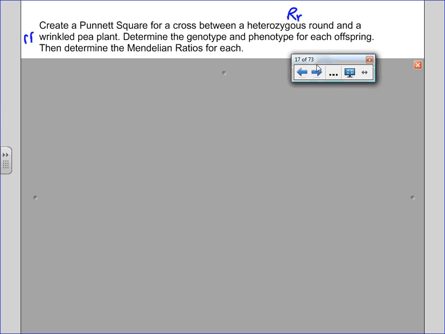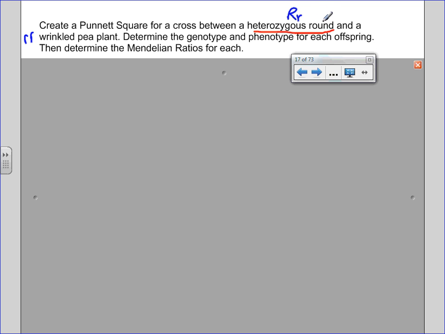So when you're doing these, the key thing is look first and figure out the possible alleles, the genotype of the parents that you're crossing. It says a heterozygous round. Heterozygous means it has two different alleles, or two different versions of the gene.